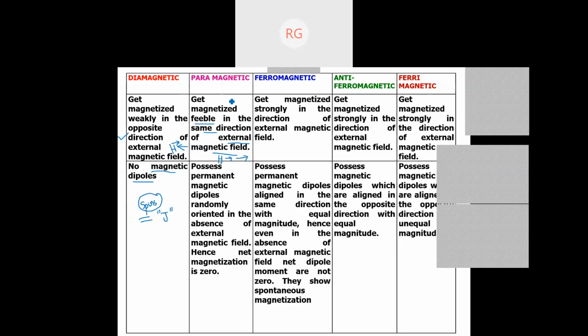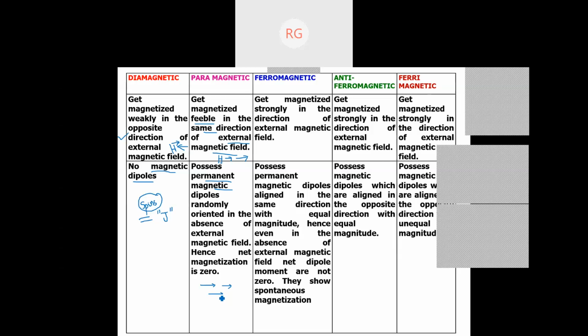But these paramagnetic materials possess permanent magnetic dipoles. Suppose this is the direction of a small magnetic dipole, and this is another one, and if all of them are aligned in the same direction, the net effect is very large.